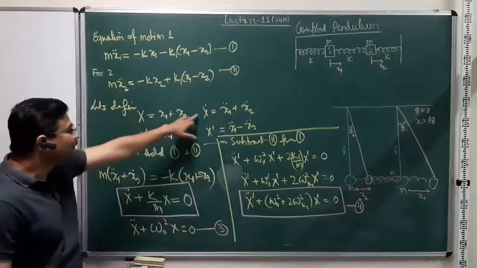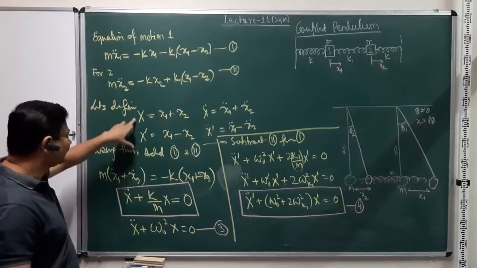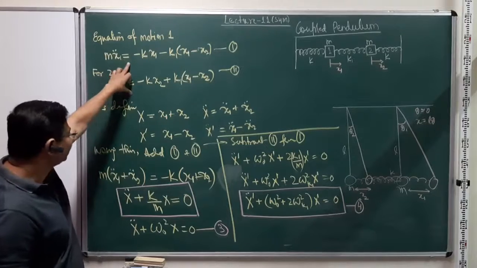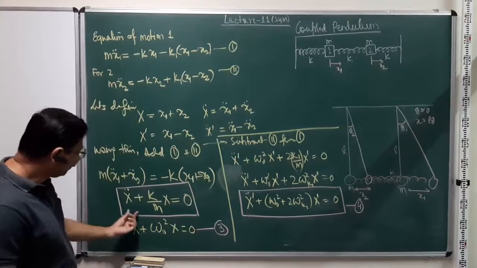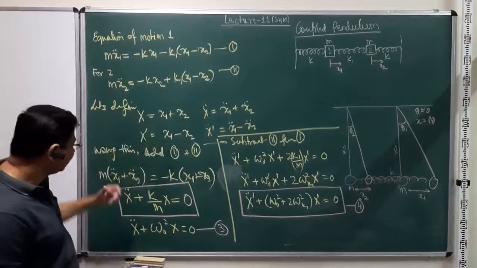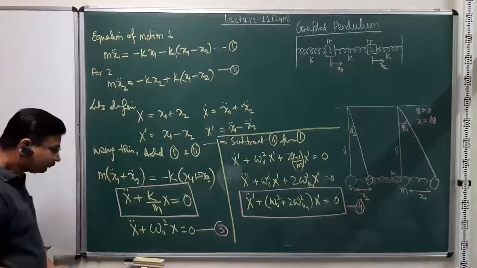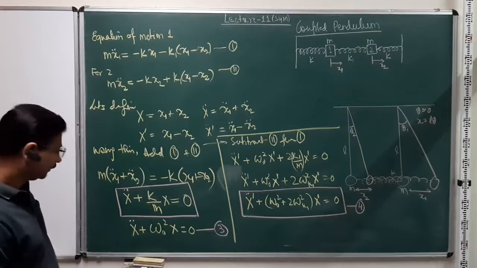We define those as our variables capital X and capital X prime. And if we write down the same equations in terms of these two, then what we find is that the equations are decoupled. So now these two are independent variables.